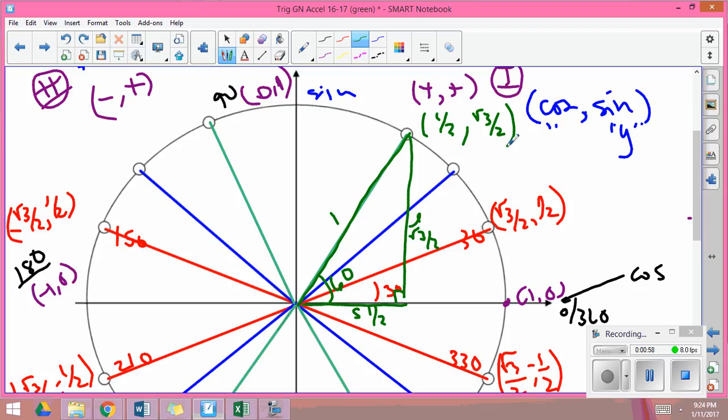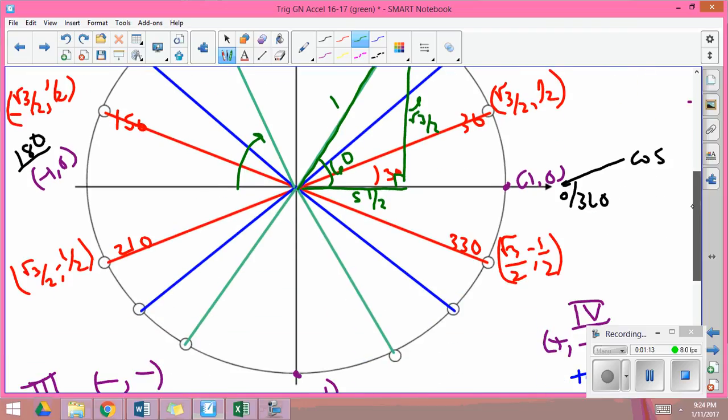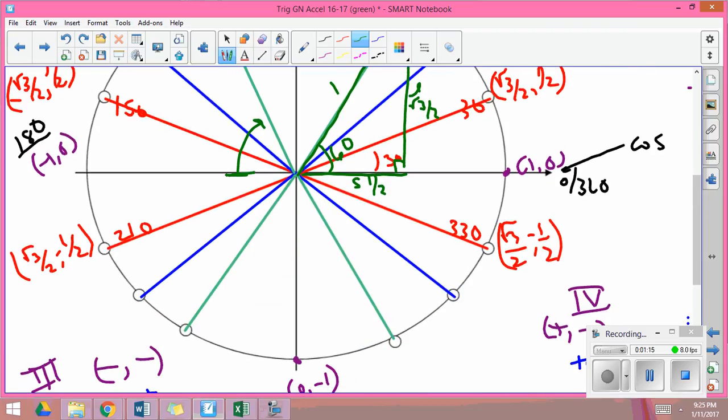So that's 60. If I start at 180 and I go back 60, I'm at a 120-degree angle. And here I have negative 1/2, positive square root 3 over 2. If I start at 180 and I go down another 60, 180 plus 60 is 240.